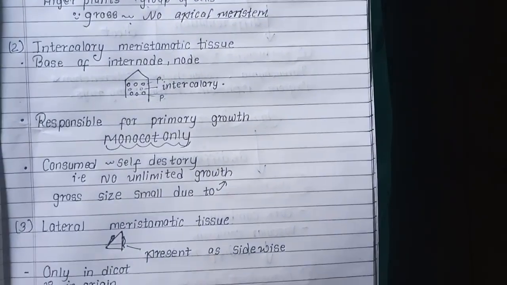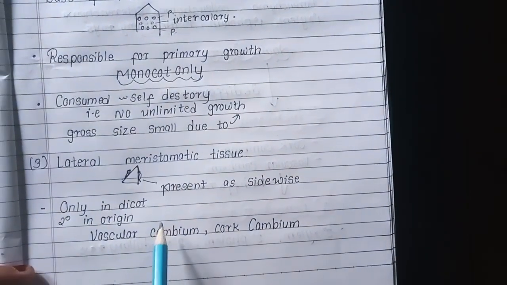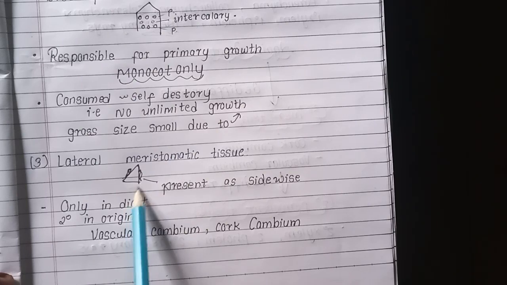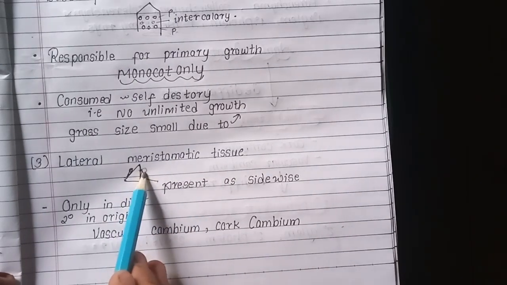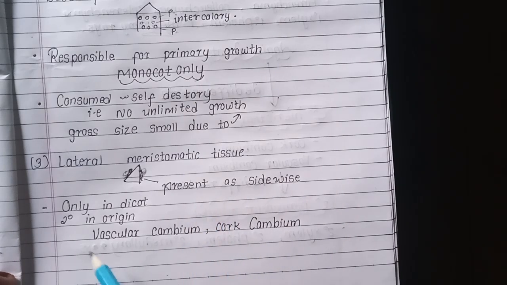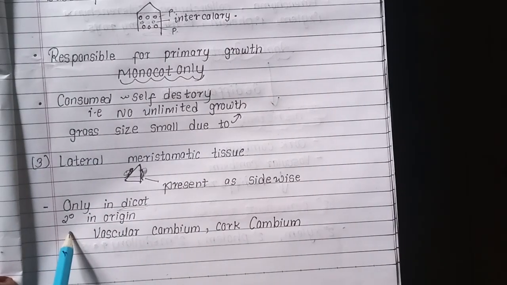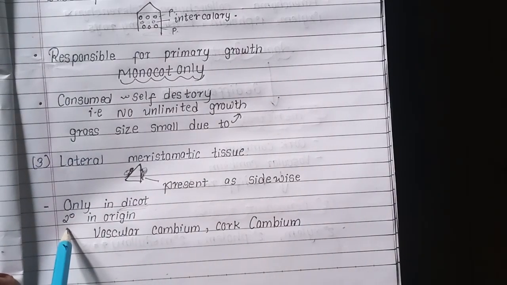And the third one is lateral meristematic tissue. It is present sidewise. It is found only in dicots. It is responsible for secondary growth.